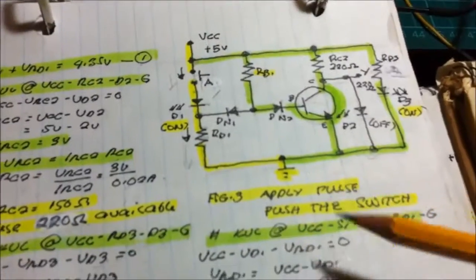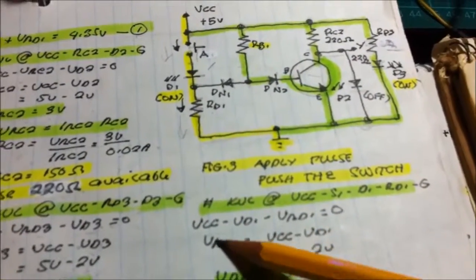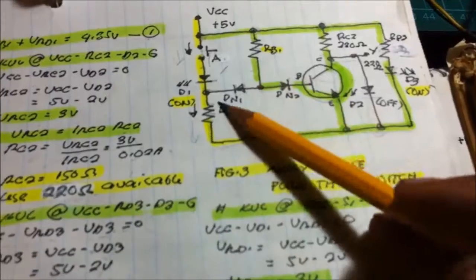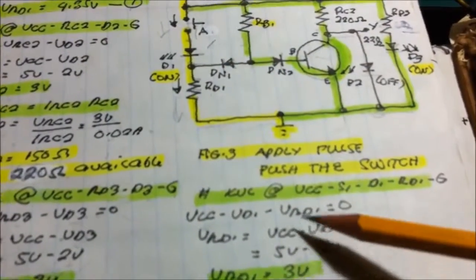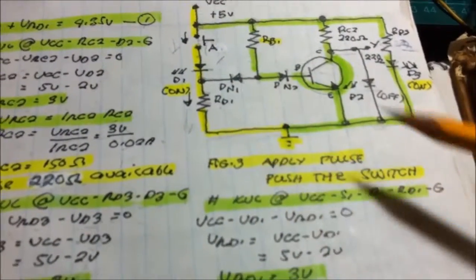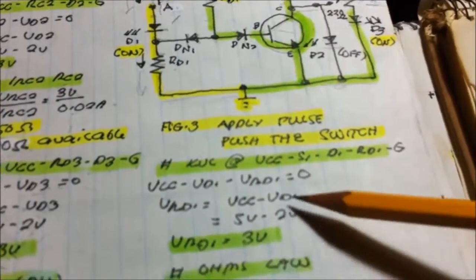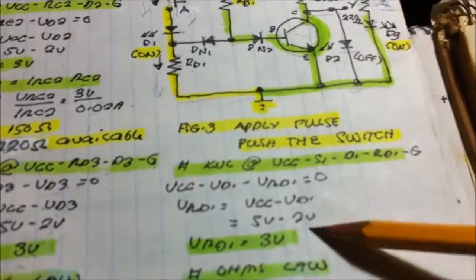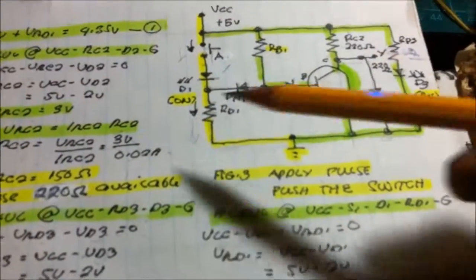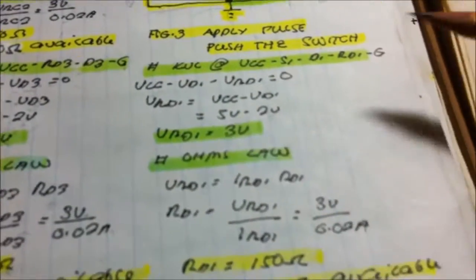So we have a first KVL: VCC, D1, voltage drop at RD1. Since we know that the voltage rating of the LED to turn on is 2 volts, we got voltage drop at RD1 of 3 volts.